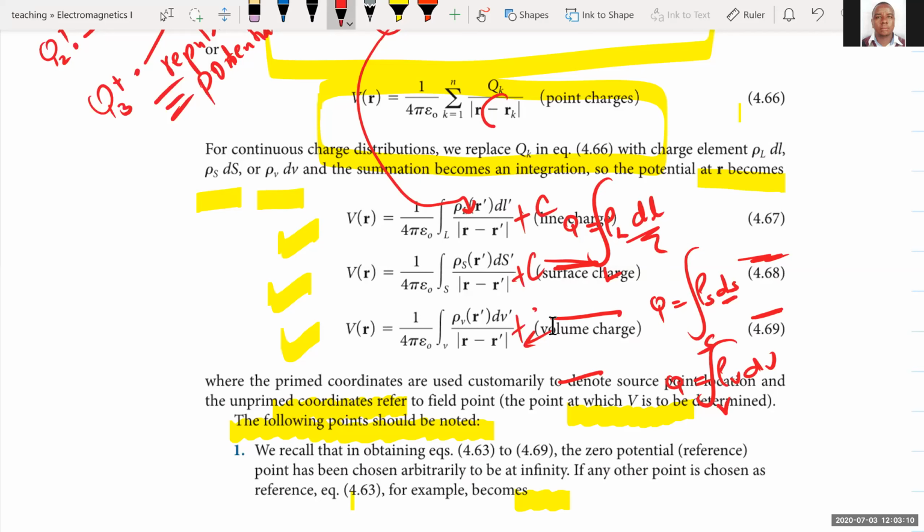The potential at a point can be determined in 2 ways, depending on whether the charge distribution is known or the electric field strength E is known. If the charge distribution is known, we use one of the equations 465 to 470.